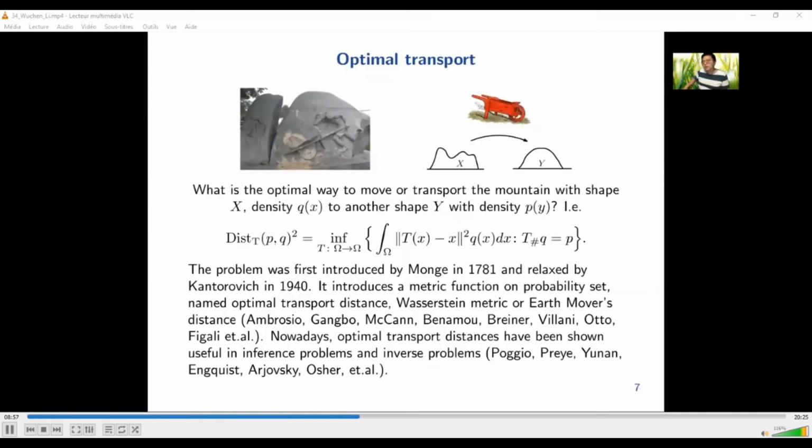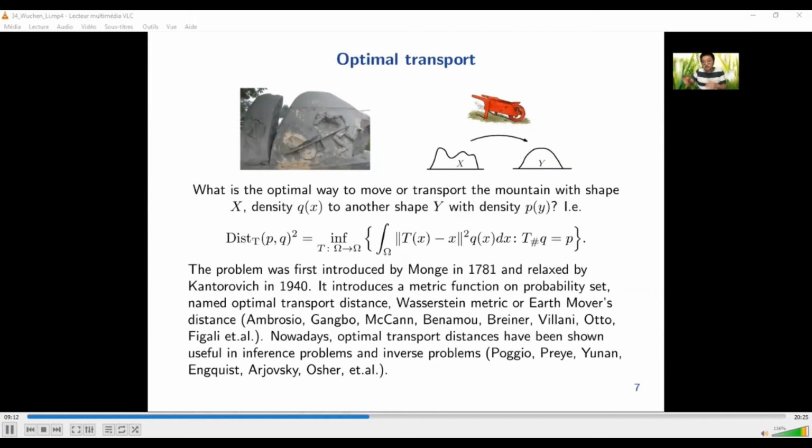Now, in this talk, we are mainly interested in the other space, which is not the L2 space, which is not the Euclidean space. People call it the optimal transport space. Okay, now what does this mean? There's a very interesting story behind it.